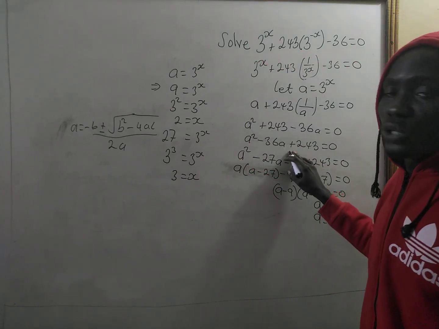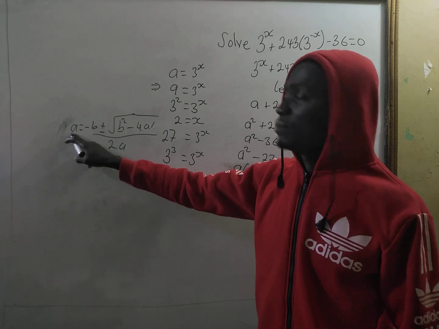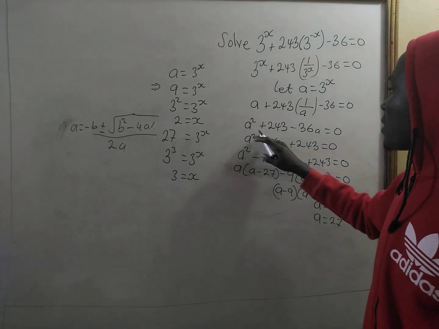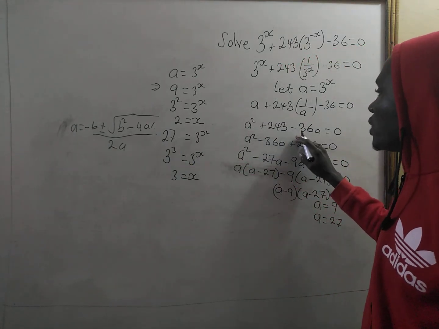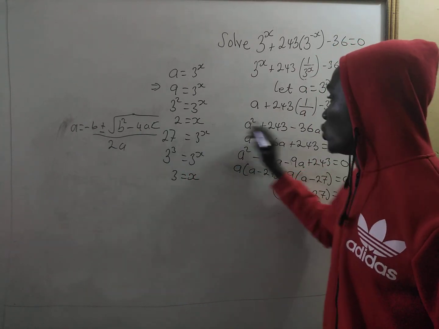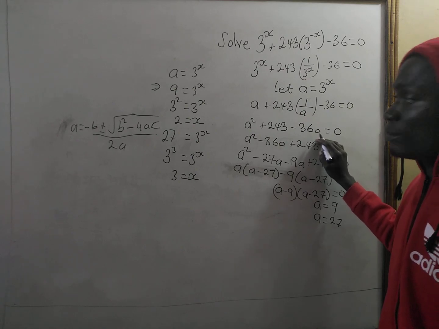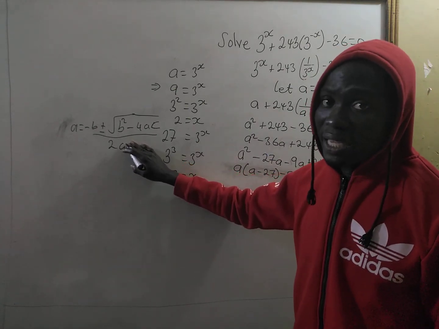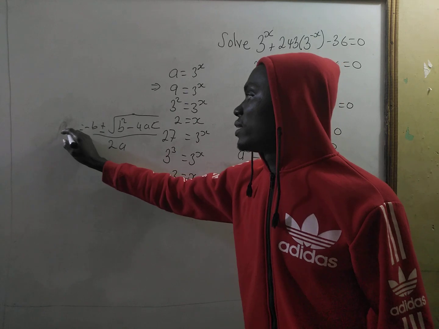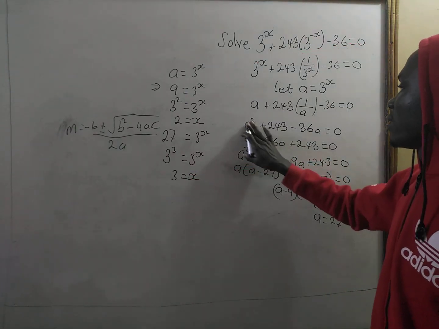Here I have used a, so this a and this a will be confusing. I shouldn't have used a if I'm to use the formula. If you are to use the formula, make the variable here any variable other than a, because in the formula we have a here. Let's say I made it m, then this will match.